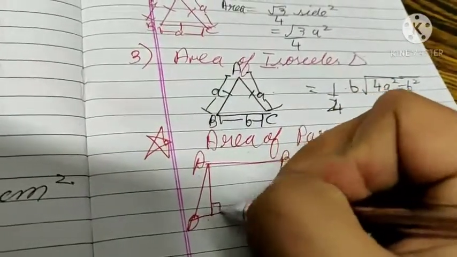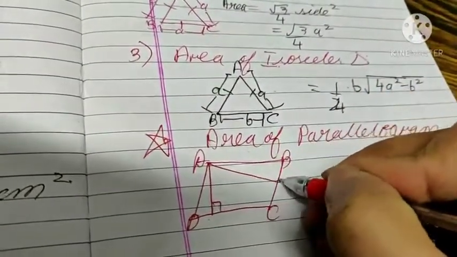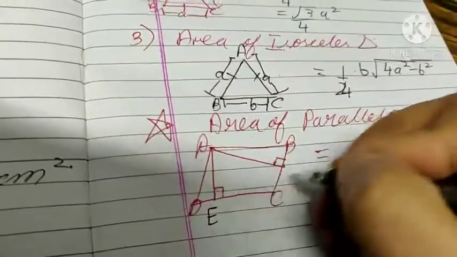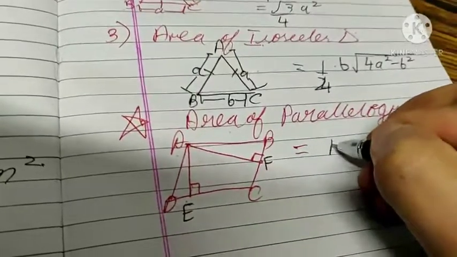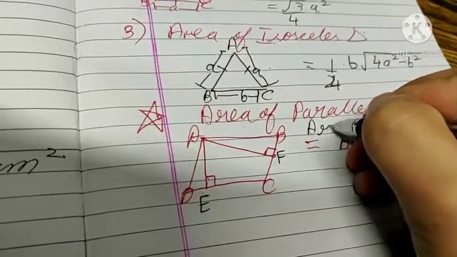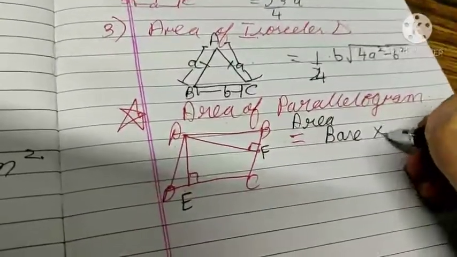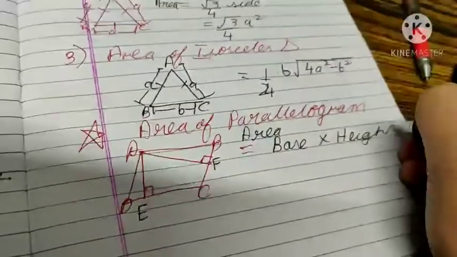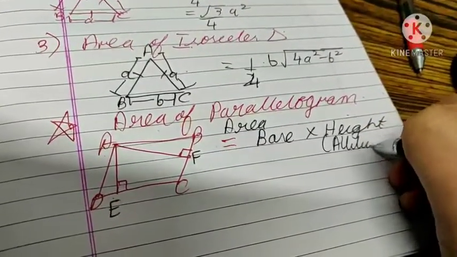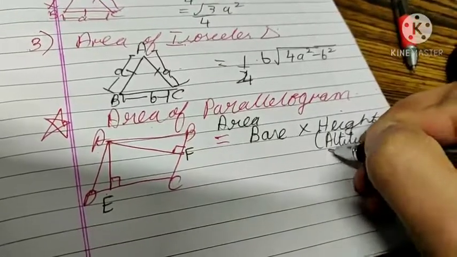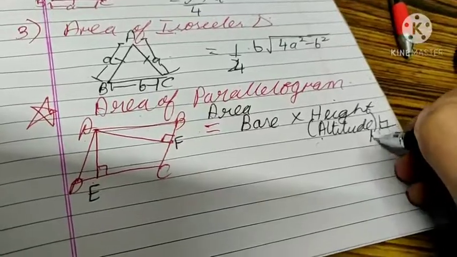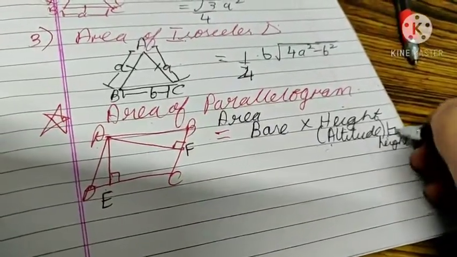Here the area will be, this is E, this is F. Here area is base into height. Height is the altitude. Height means the altitude, that is perpendicular height. Perpendicular means at 90 degree.